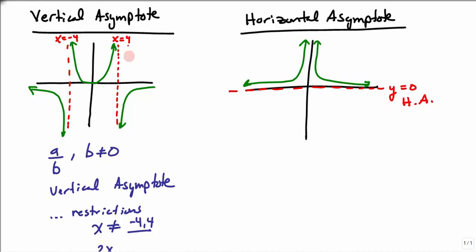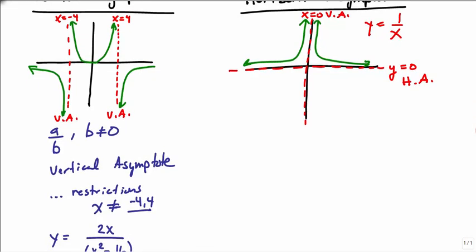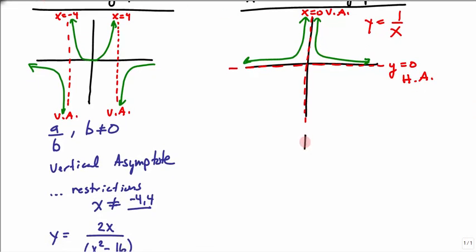Over here, my vertical asymptotes I'll call VAs, vertical asymptotes. So this is an example where I get closer and closer to the x-axis, but I never cross. So this is the line y equals 0. Keep in mind, this one also has a vertical asymptote at x equals 0. Because this is the function y equals 1 over x, so this is where my function is undefined at x equals 0. So this is an example of a vertical asymptote where I do not cross the line.